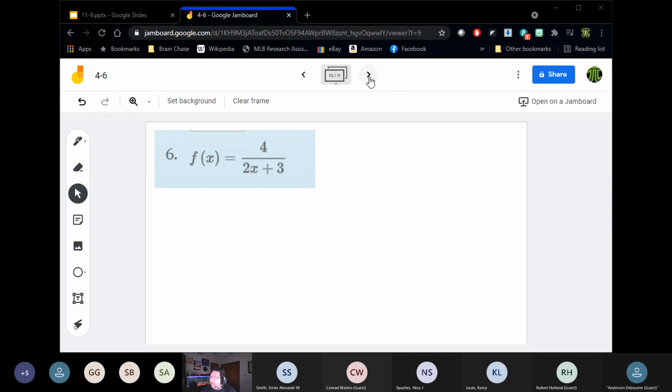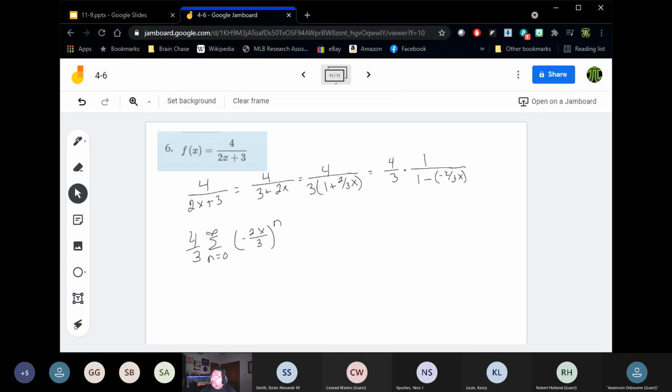All right. You should, when you're breaking down the 4 over 2x plus 3. So now this is the first one that we had a number up on top. Notice how I basically ignored it and just pulled it out as a fraction out in front. The bottom, you swap around the 3's and you divide by 3 to get the 1 plus inside, and then just change that sign.